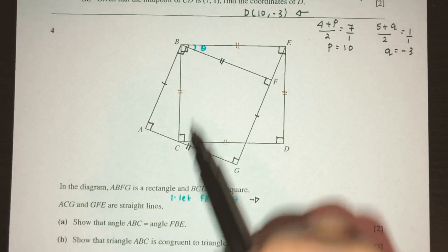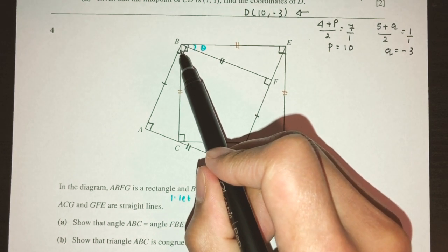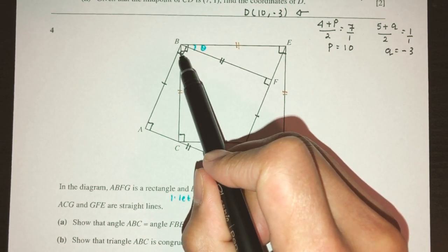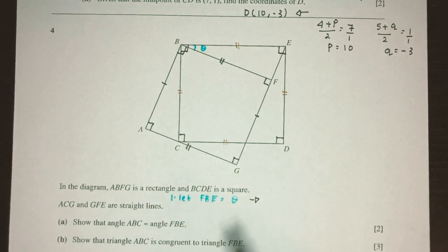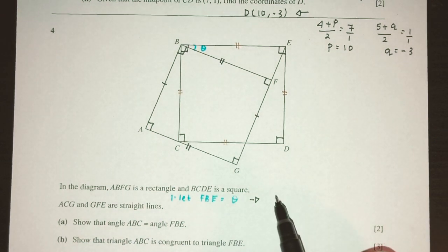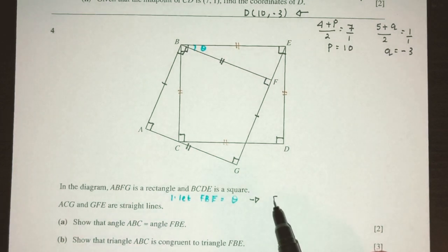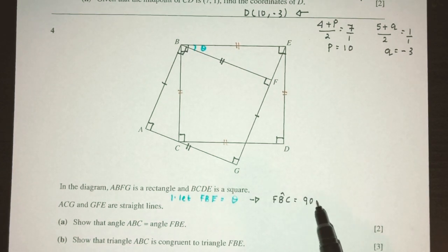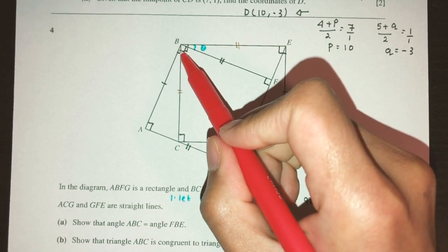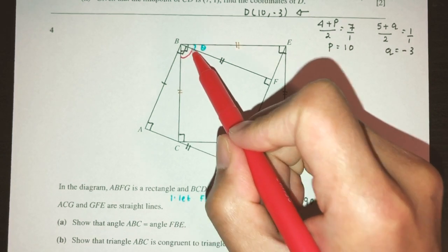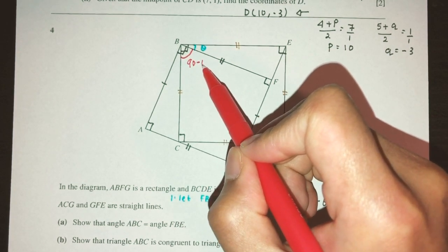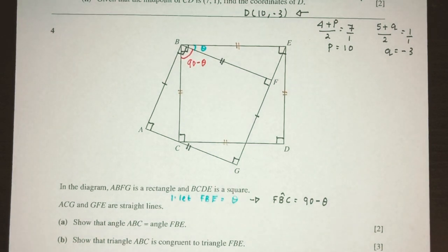Because we know that the angle for the square is 90, we know this is 90. So from this, we can derive the angle FBC will have to be 90 minus theta. Okay, I hope that makes sense, right? Because if this is theta and this is 90, so this has to be 90 minus theta.